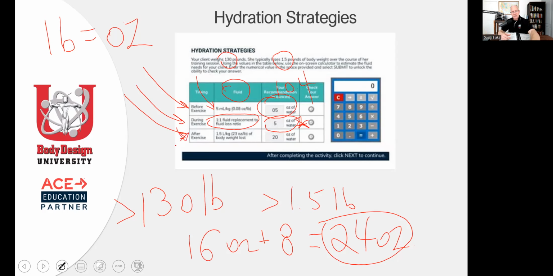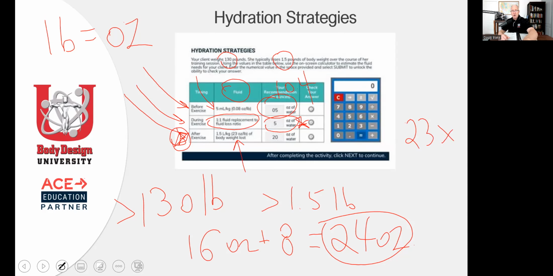Now the after exercise calculation is going to be, again, they gave you the equation to use. We're not using liters per kilogram. We're using the 23 ounces per pound of body weight loss. 23 ounces times what?